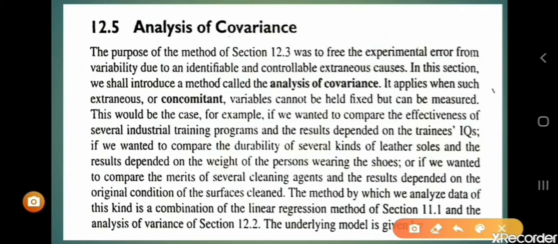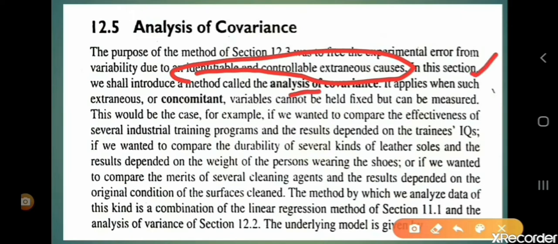As in analysis of variance, we were reducing the variations which were occurring due to uncontrollable extraneous causes. But in analysis of covariance, we are not fixing these variables, we are measuring them.